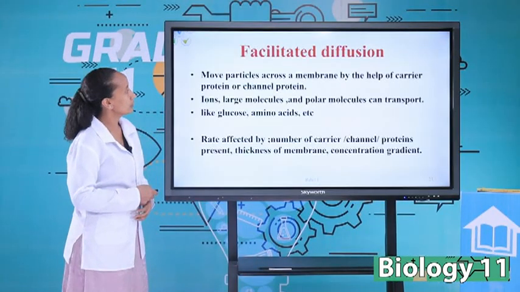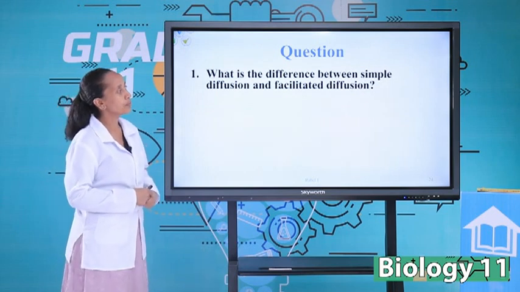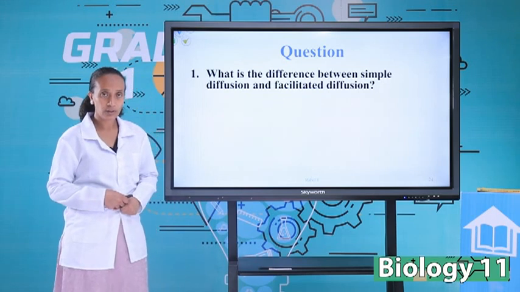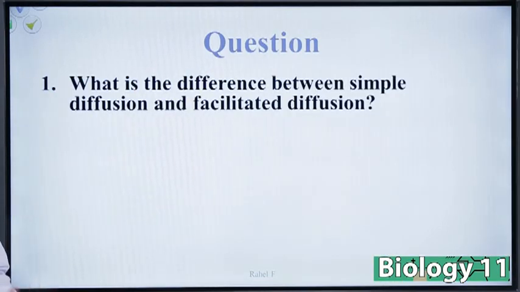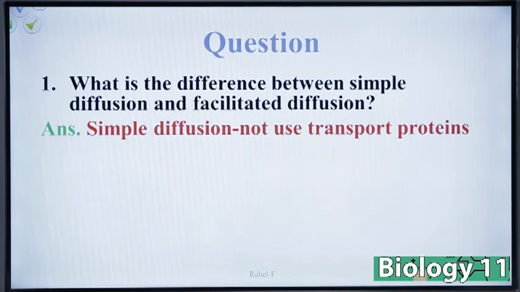The first question says, what is the difference between simple diffusion and facilitated diffusion? You can answer this question as you understand how you can differentiate the two types of passive processes, but you can answer the question as follows.